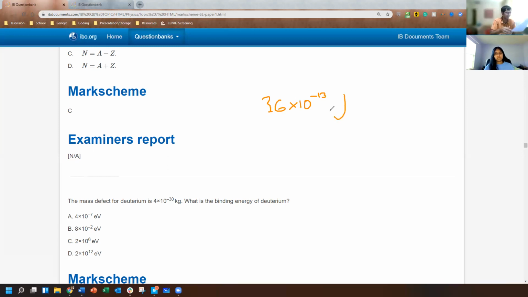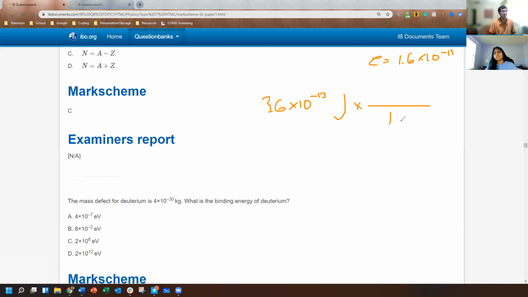I don't know how to do it. Okay, so the way you do this is you know that the elementary charge is 1.6 times 10 to the negative 19 coulombs. So this is the conversion factor. Wait, are you supposed to multiply?